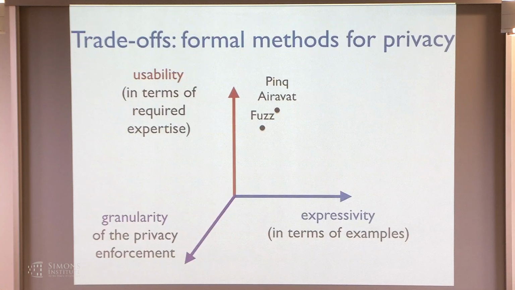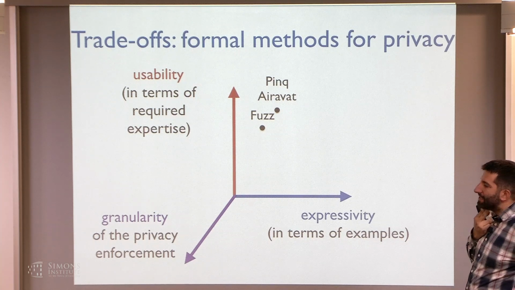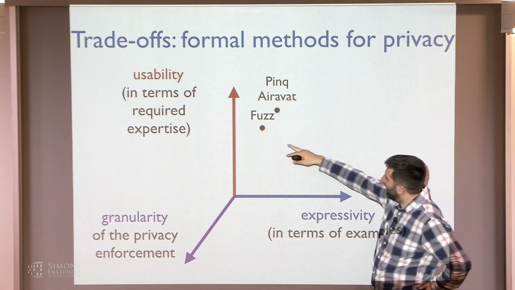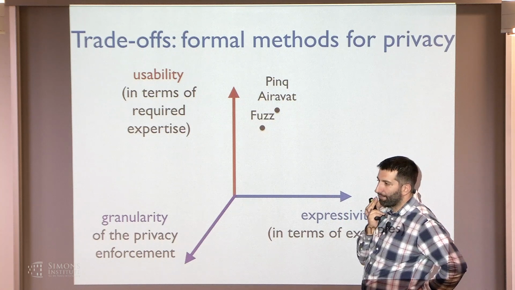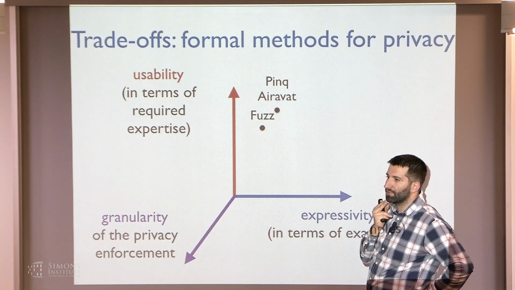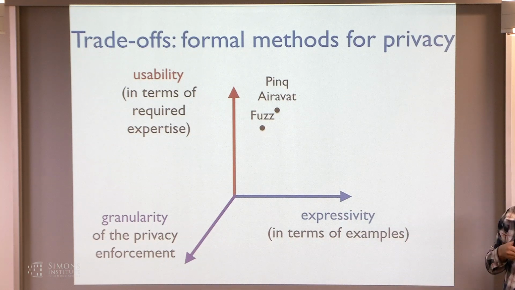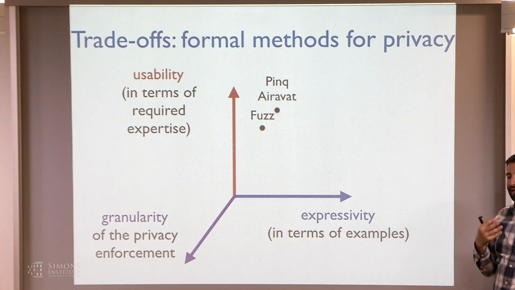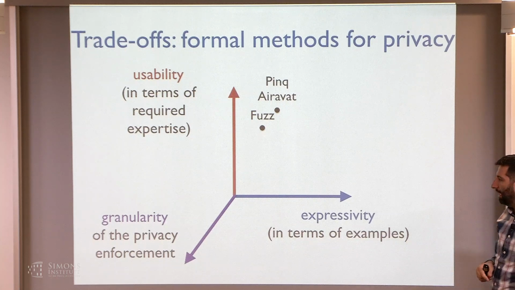All right. So let's see, where do we put this? I put it here, meaning that I think it is a bit less usable than the previous one, because now it requires some kind of annotation that we didn't need for Pink, and a bit of reasoning about sensitivity, which is a kind of expertise.